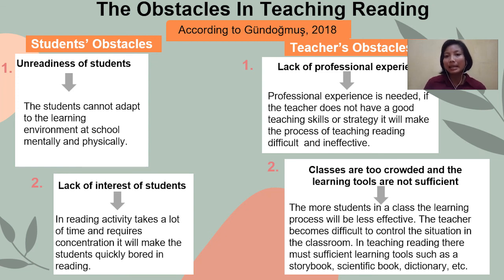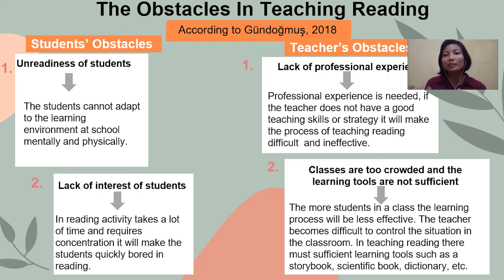And the second one is teacher obstacle, such as lack of professional experience. As we know, in the class there are different levels of students. The students are different from each other.